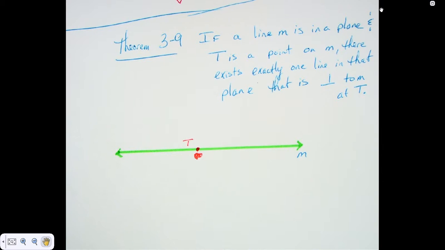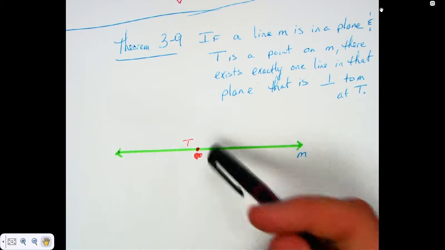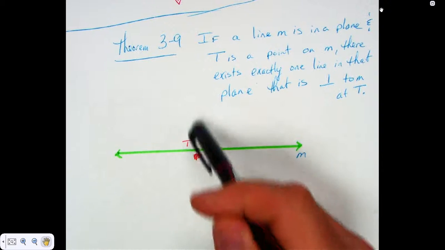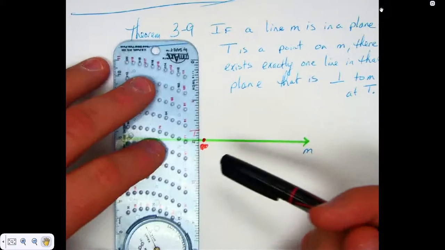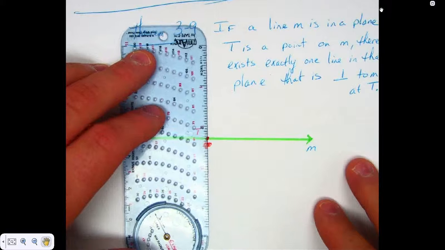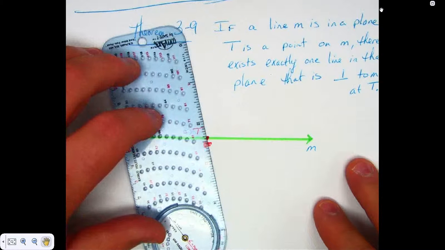What is this theorem saying? There is exactly one line in this plane that is perpendicular to M at T. Think about it, there's only one way on this piece of paper to draw a line that would be exactly perpendicular. Look at my ruler. The edge of this ruler represents a line. If I drew this line like this, that'd be a line going through T, but would it be exactly perpendicular?